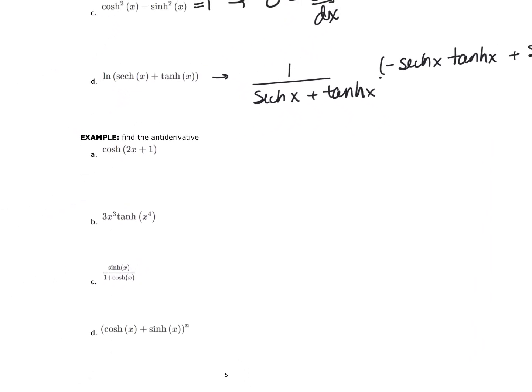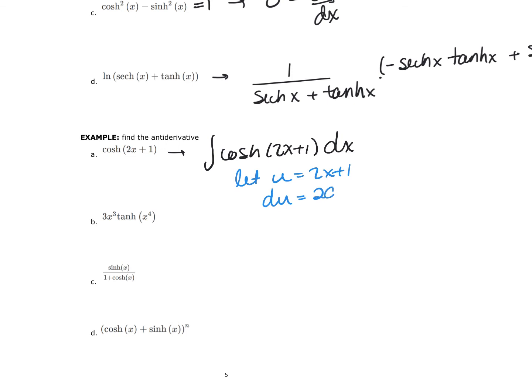Now I'm asked to find the antiderivative. So in other words, I'm asked to integrate. For me to end up with the cosine hyperbolic, that means I must have started out with the sine. So what I'm really doing is I'm integrating the hyperbolic cosine of 2x plus 1 dx. So if I let u equal 2x plus 1, du would equal 2 dx. And you can see I'm missing that 2, so don't forget I have to make that adjustment. 1/2 du is equal to dx.